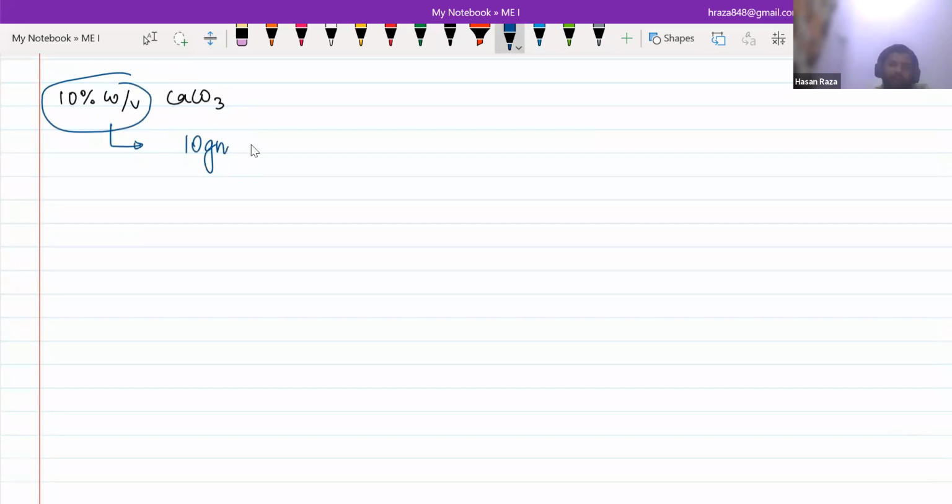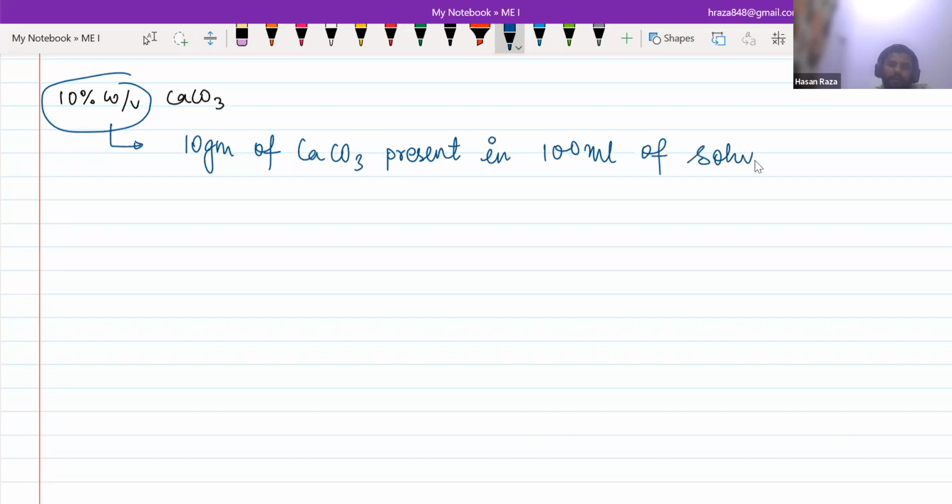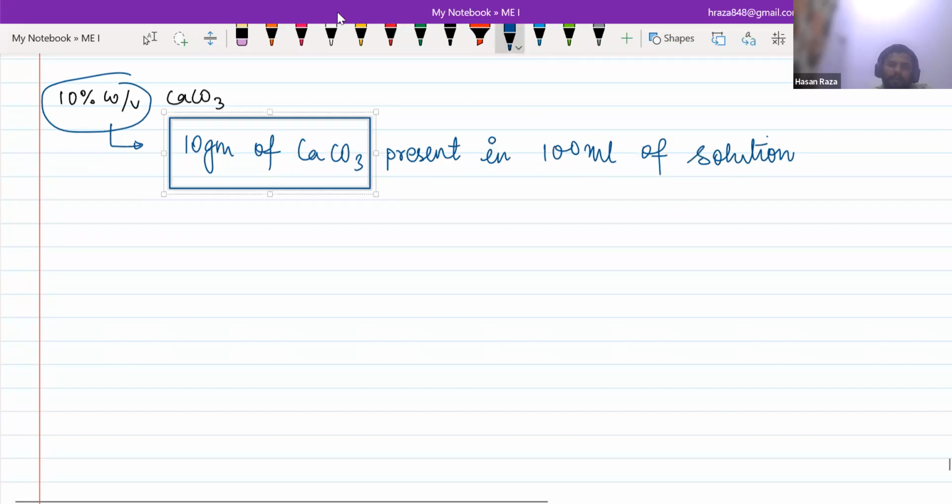That means 10 gram of CaCO3 is present in 100 ml of solution. So as you can see, this 10 gram of CaCO3 is your given mass, and this 100 ml of solution is your volume of solution.